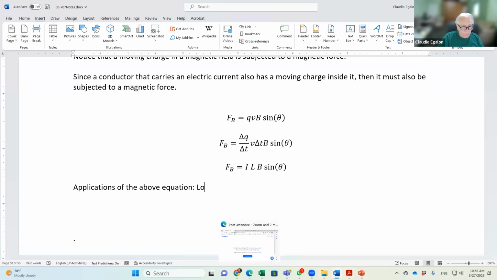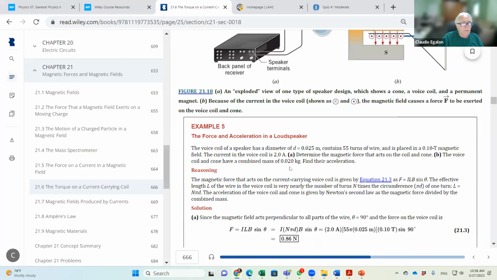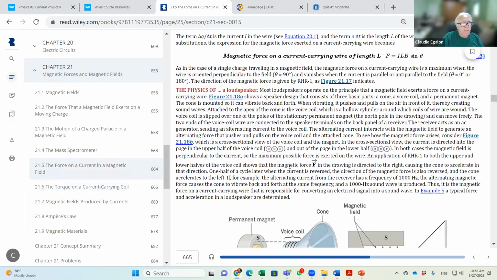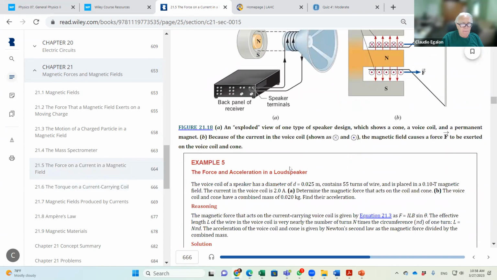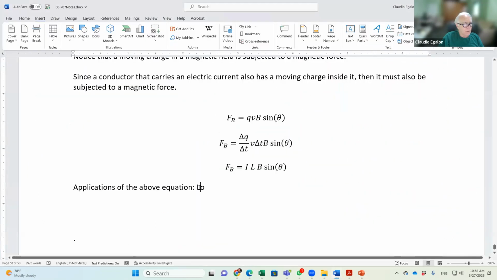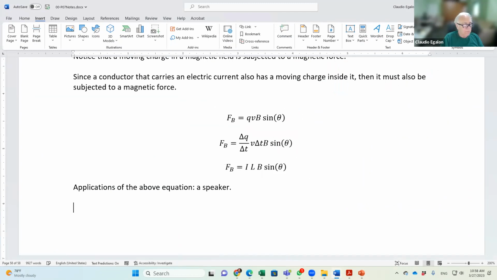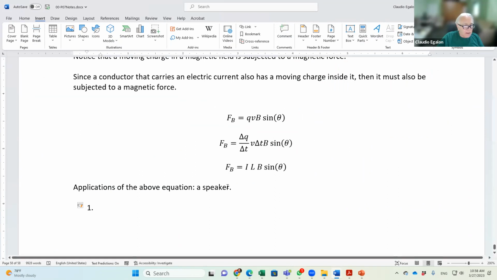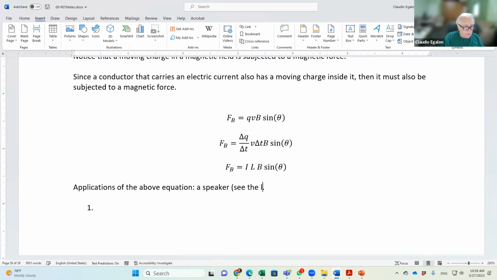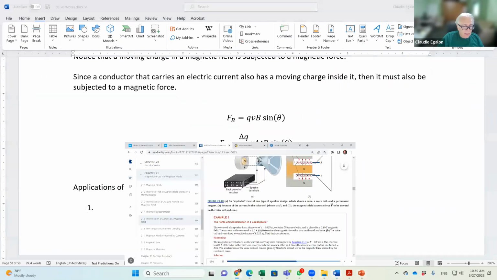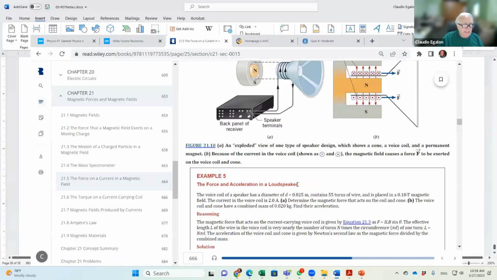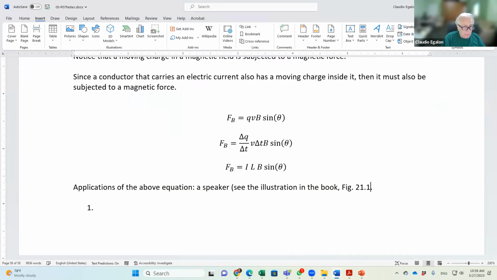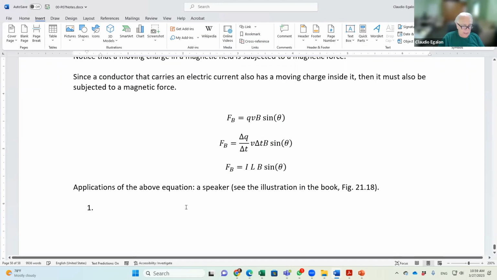Loudspeaker. Speaker, right? See the illustration in the book, figure 21.18.